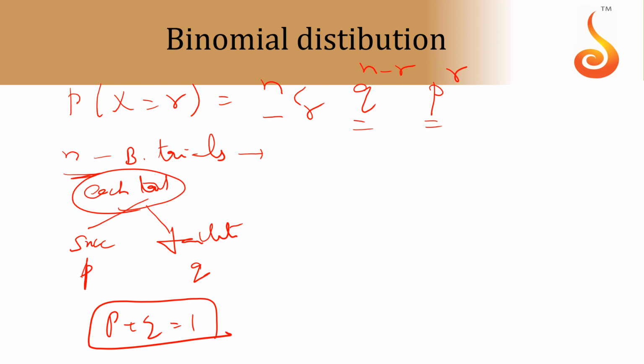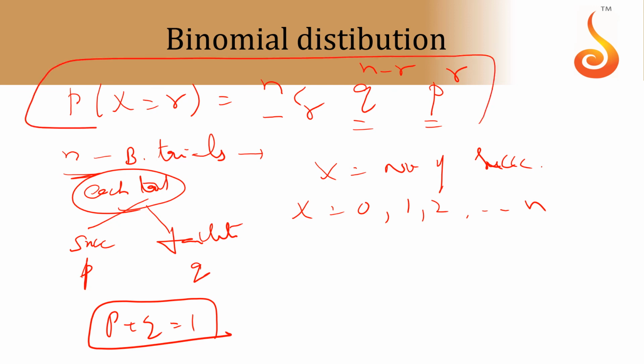So after doing n trials, I want a distribution for the number of successes. So our capital X is the number of successes. Then what is the range? 0 success, 1 success, and so on, because you did n trials, the maximum number of successes will be n. Then the corresponding probabilities will be calculated like this. So that is the general term of binomial distribution.